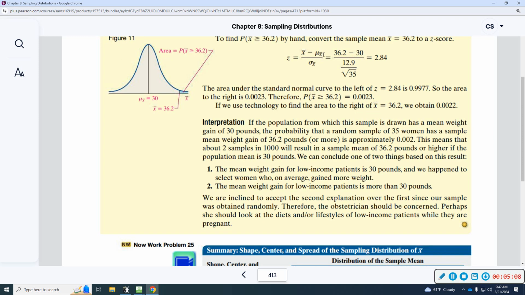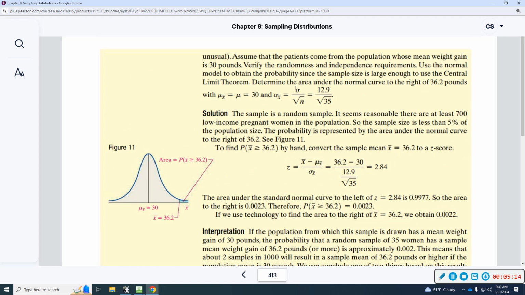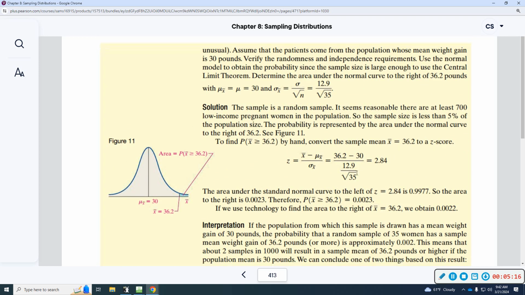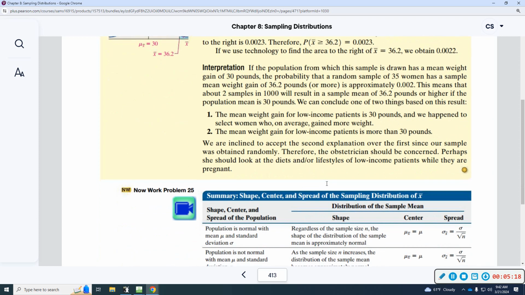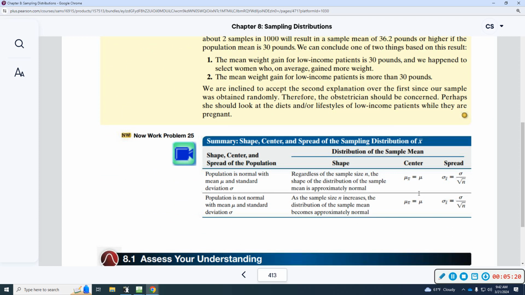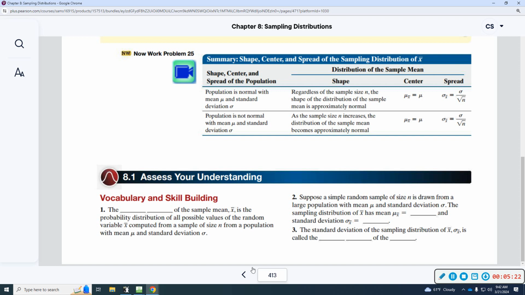Standard normal is going to be the sample mean minus the mean over sigma, and sigma, remember, is the standard deviation over the square root of n. It's still the normal z-score, but it's a little bit different, as you can see. And that's pretty much what we're looking at here. So we'll jump into my math lab and actually practice some problems using this information.